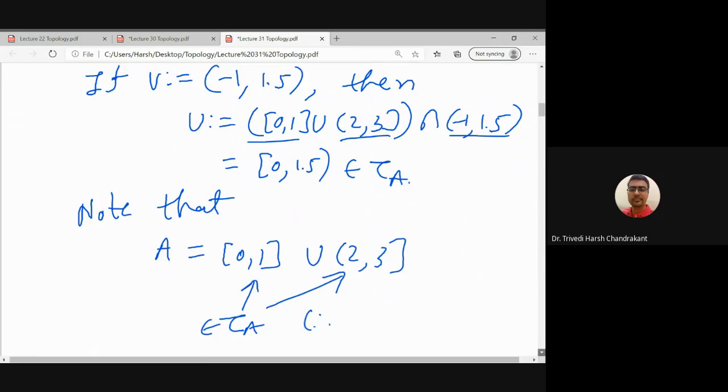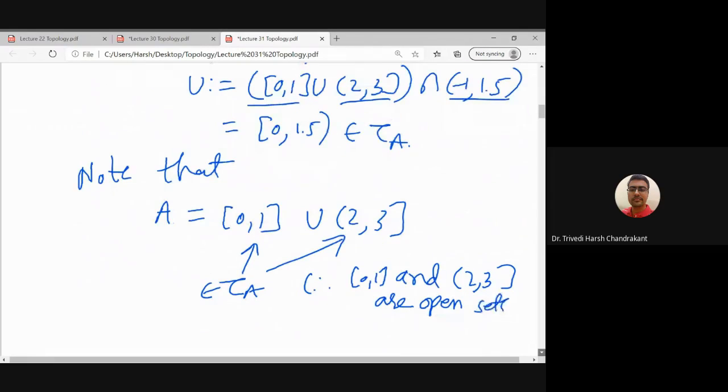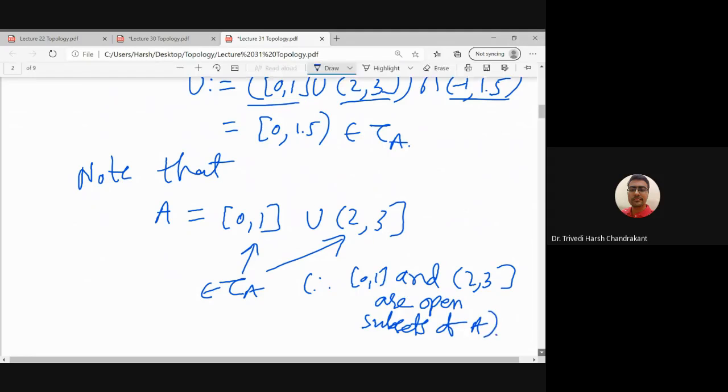Therefore 0 1 and 2 3 are open subsets of A in the subspace topology.